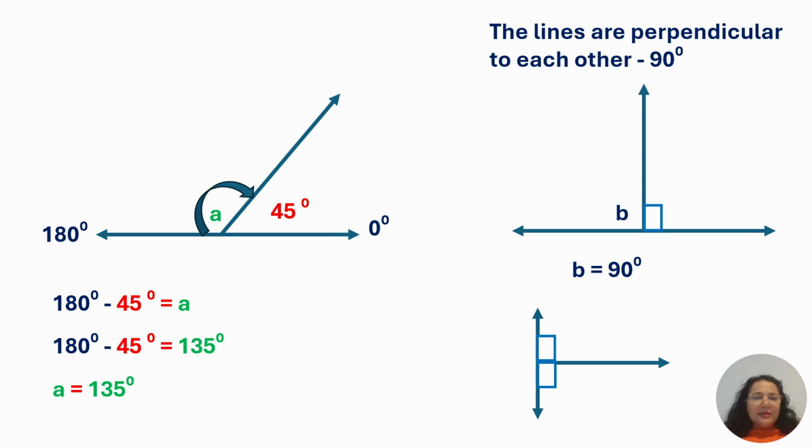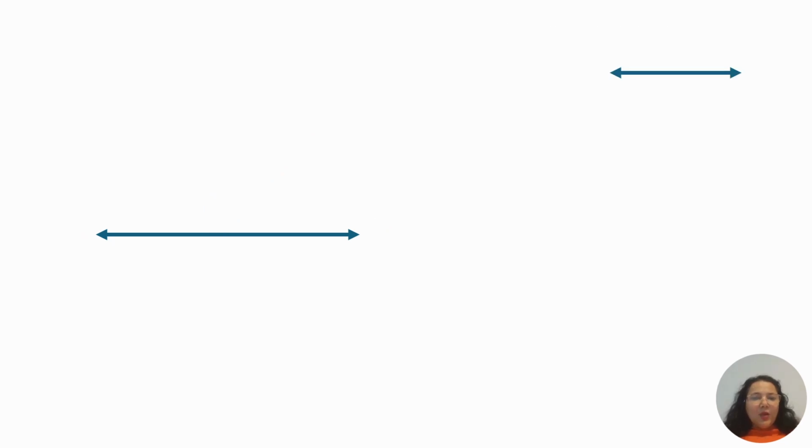Okay, so now let's look at something else. We're going to focus on the line on the left. Now here we drew another line and here we have an obtuse angle and we want to calculate the acute angle. So we're doing it the opposite way around. Now we know our obtuse angle is 167 degrees and we want to calculate angle C, which is an acute angle.